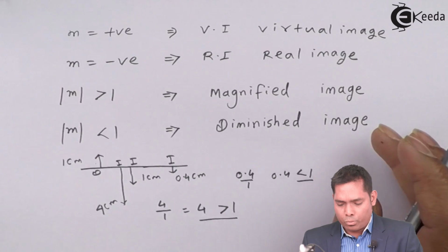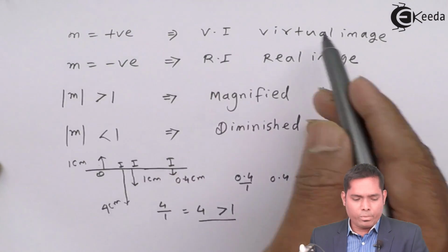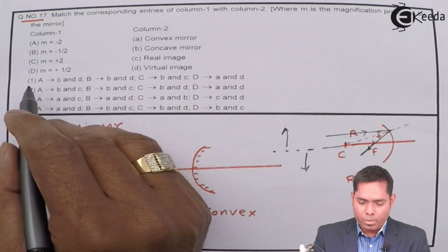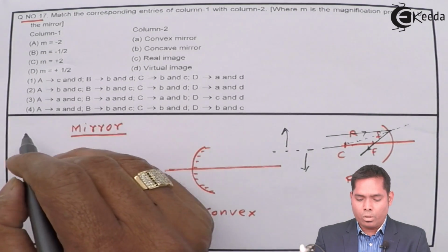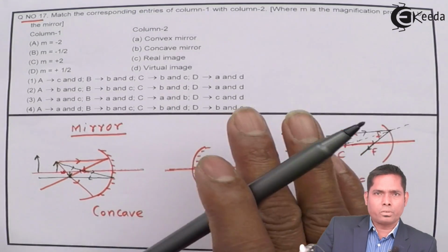Now, keeping this in mind, we have to go for the options. So first I will start with option number 1 and move on to option number 4. When you get the answer, then you don't proceed further.